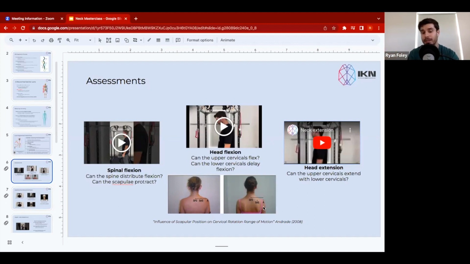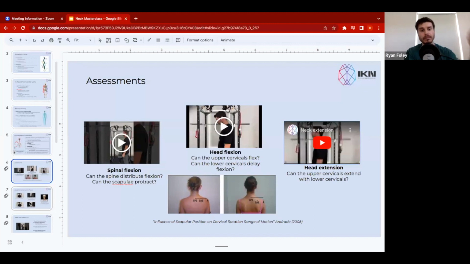But we can't necessarily say that one position is more optimal than the other. We can't necessarily say that one is ideal and the other is faulty. We just have to look at it through a variability lens. Does the client actually have the capacity to move in the opposing direction? Can they move in the opposing direction and handle forces as they do that? Okay, so it changes your intention.